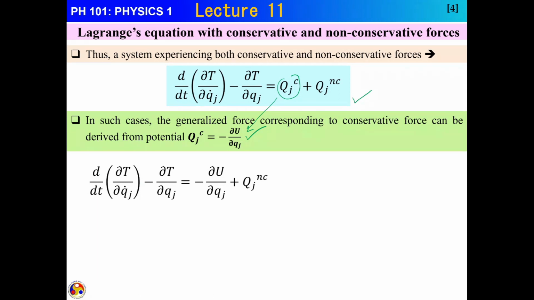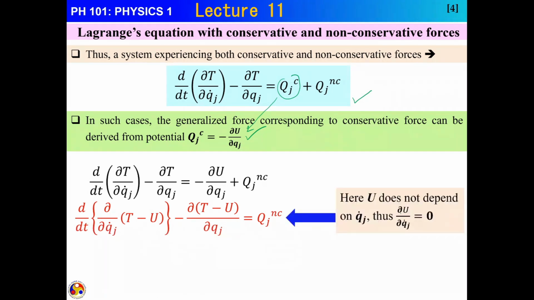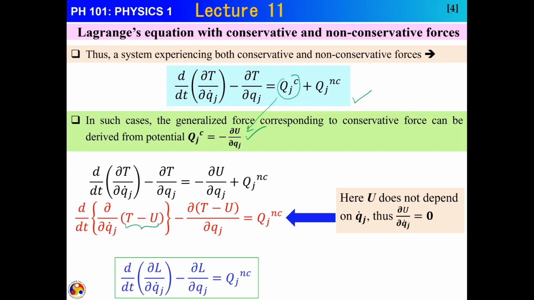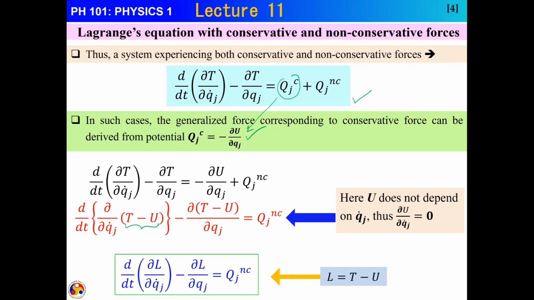And now if we assume that the U is independent of the velocity component, then we can bring this term on the left side, taking the partial derivative of potential with respect to q dot as 0. Now this is nothing but L. So therefore, in such a case, we can write this equation generally as a Lagrangian formalism, where the Qj NC on the right side is due to the non-conservative forces.